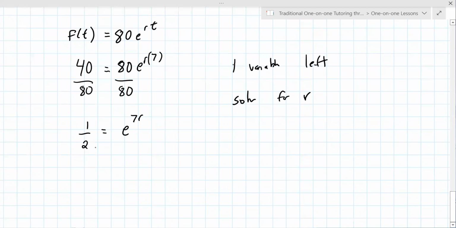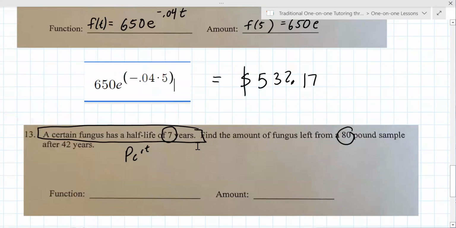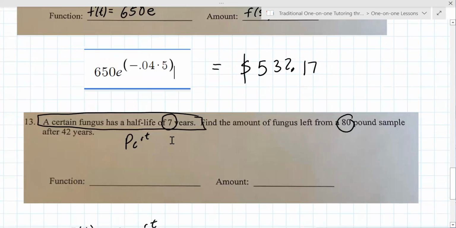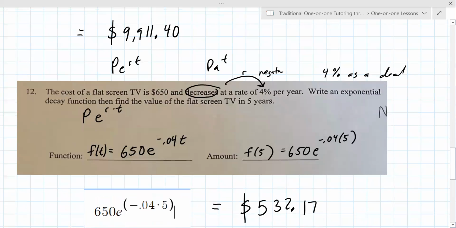Now, the next thing is you're going to take what's called the natural log of both sides of the equation. Have you seen that? I don't think so. Okay. This is new, but I guess that's why that formula was there.